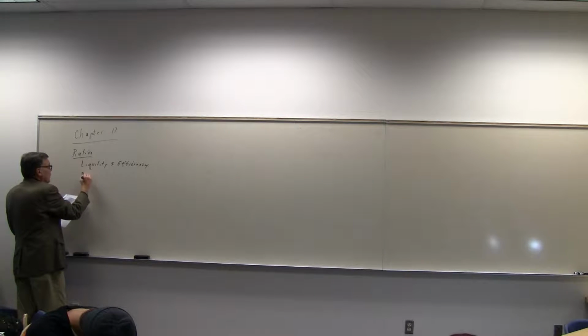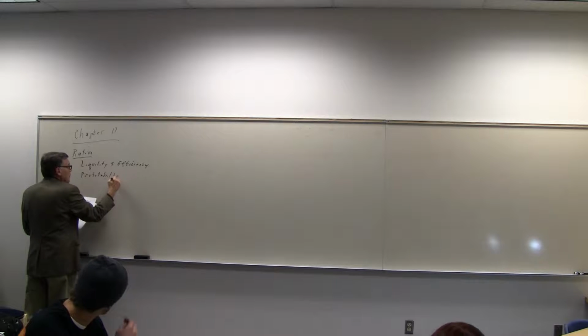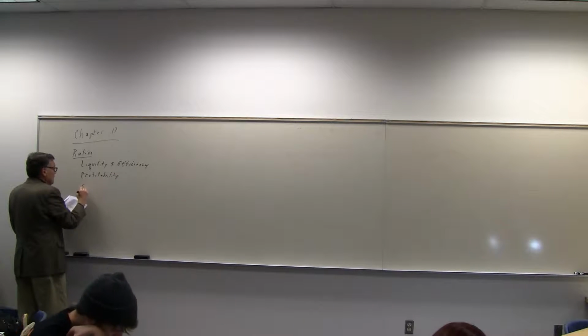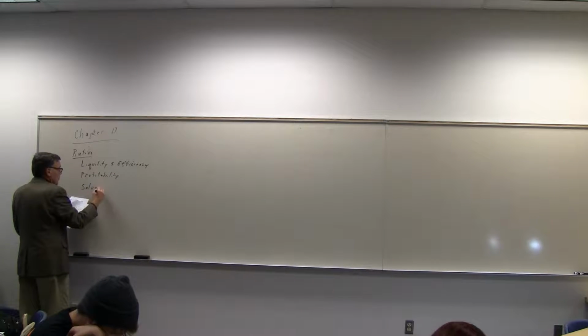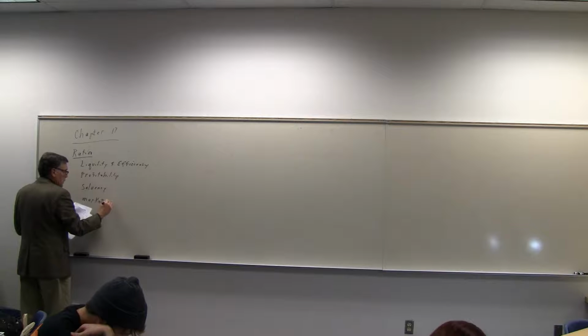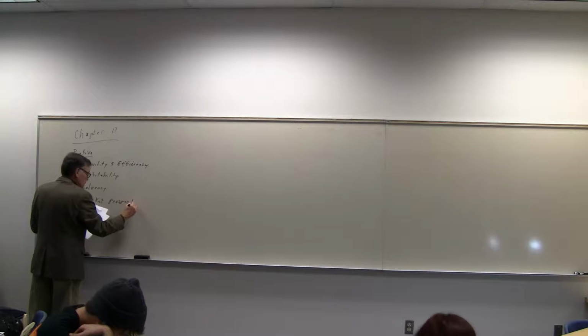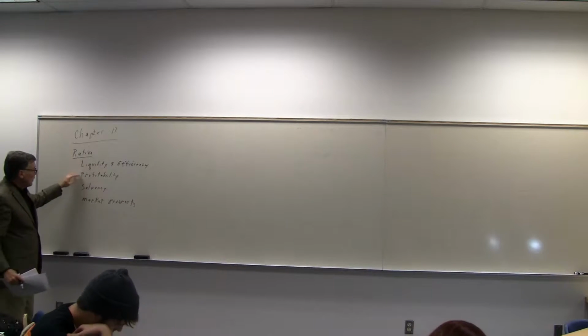Some deal with profitability. Some deal with solvency. And some deal with market prospects. And that's how you can sell your stock. Okay? So the ratios fall into these categories.